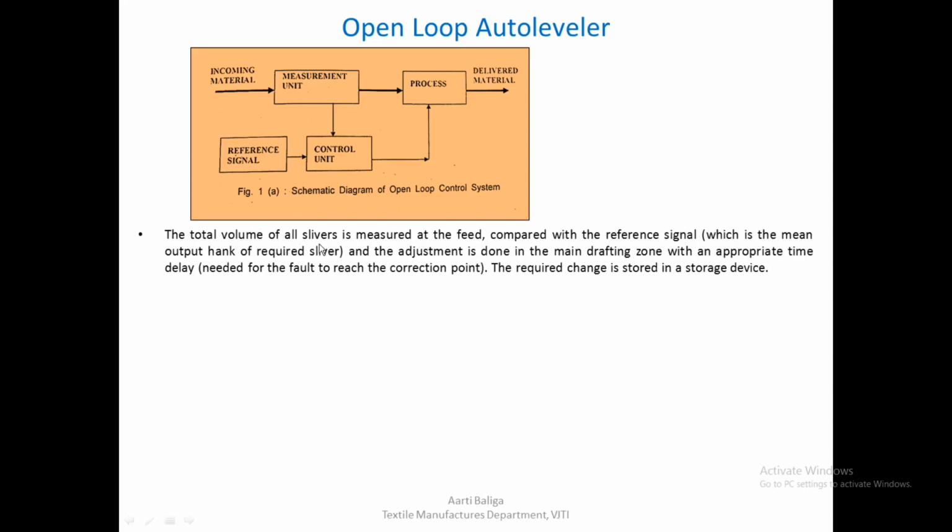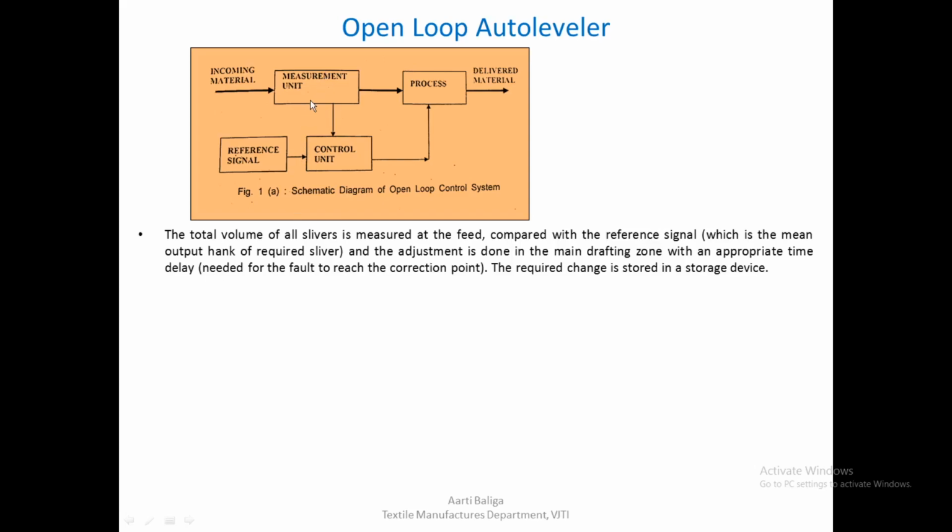So the total volume of all slivers is measured at the feed and compared with the reference signal, which is the mean output hank of the required sliver. And after comparing, the adjustment is done in the main drafting zone with an appropriate time delay. Now, why is this time delay required?